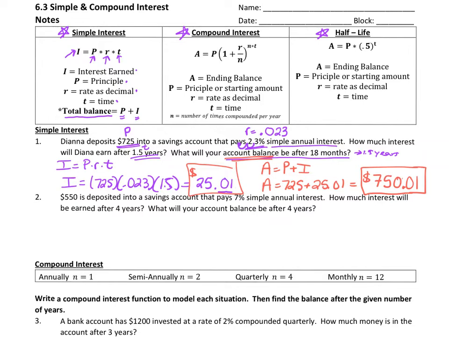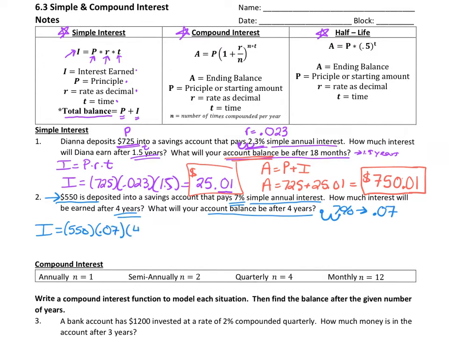We're going to use the same formula in the second problem. It talks about $550 deposited into a savings account that pays 7% simple interest. How much interest was earned after 4 years? And what will the account balance be after 4 years? So again, I equals, the principal is always the starting amount, so 550. Rate, well, my rate was 7%, but I need to turn that into a decimal. So remember the decimal spot is here, so 1, 2, so that's 0.07.